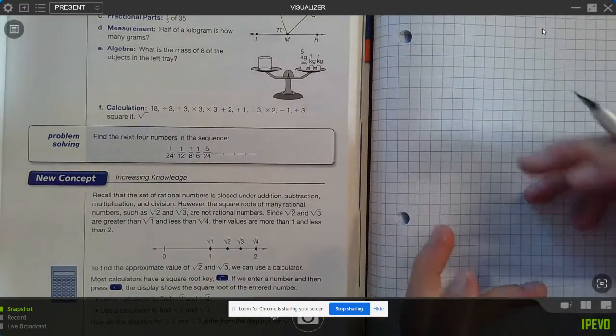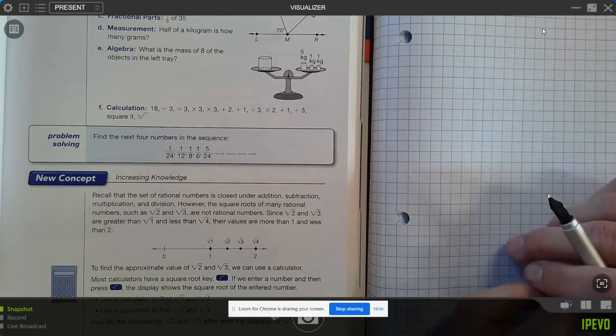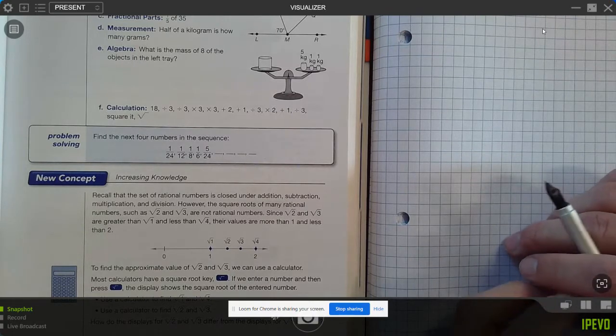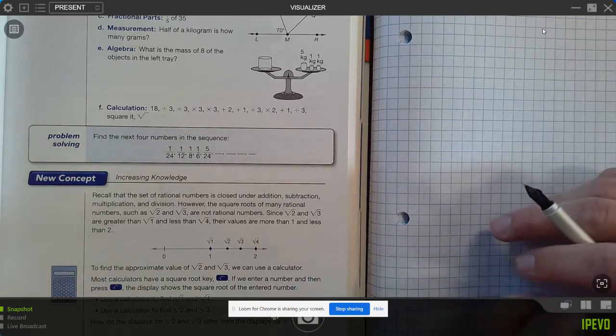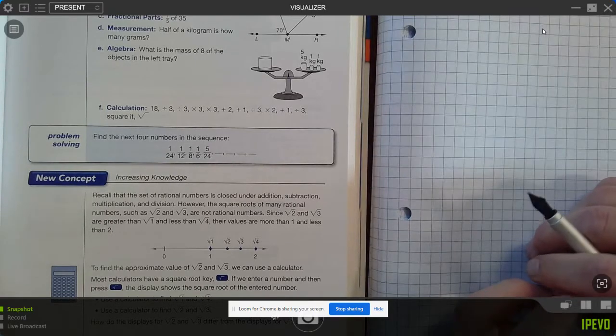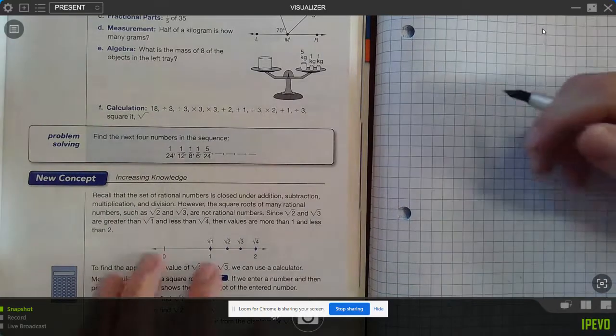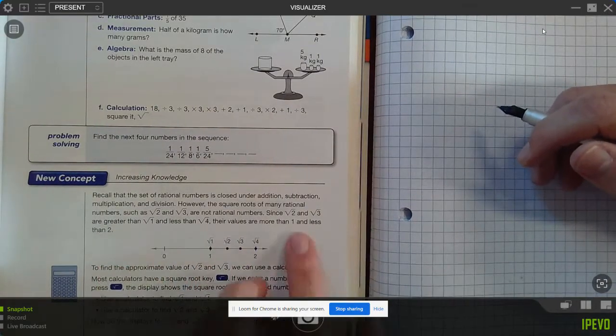Something times itself has to equal 2 in order for it to be the square root. So if you try and figure out what the square root of 2 is, you're going to get a very different number. Square root of 2 and square root of 3 are greater than square root of 1 and less than the square root of 4. The values are more than 1 and less than 2, so we know they're somewhere in between 1 and 2.